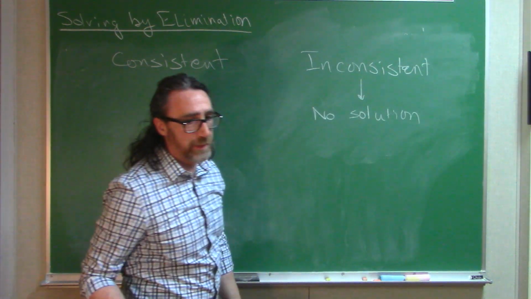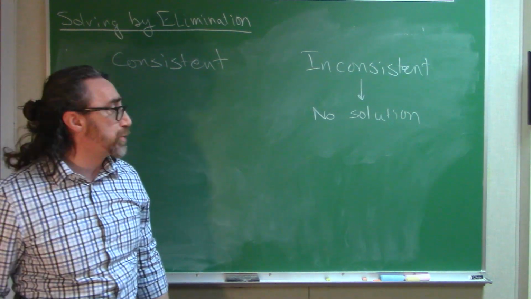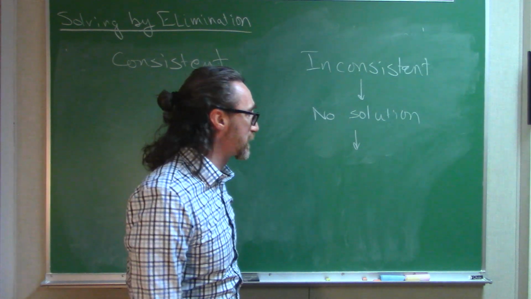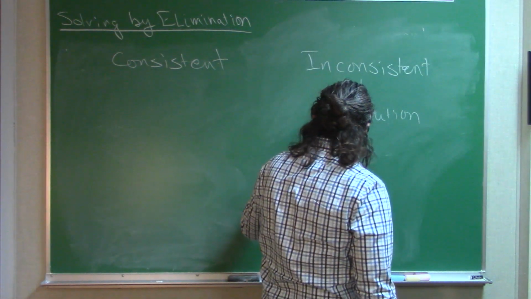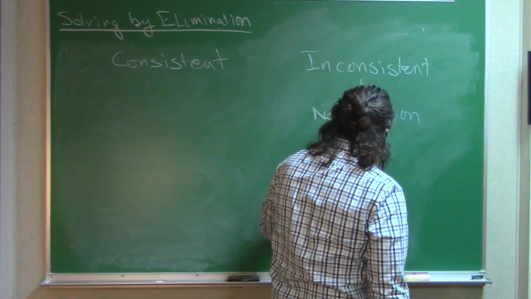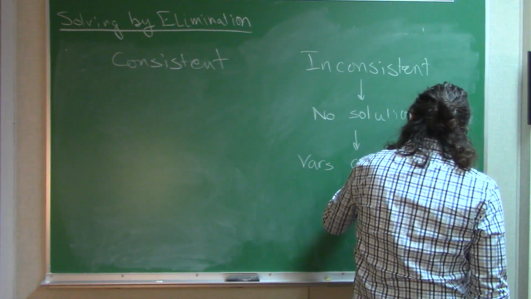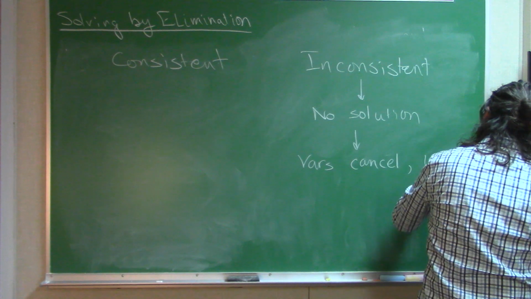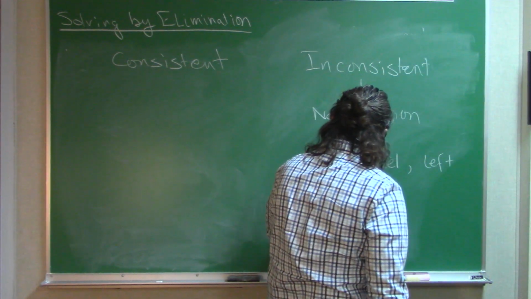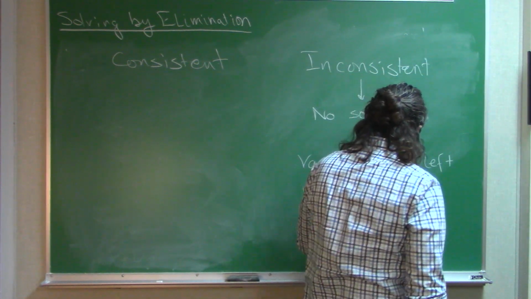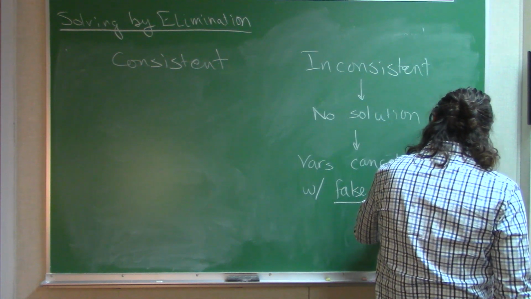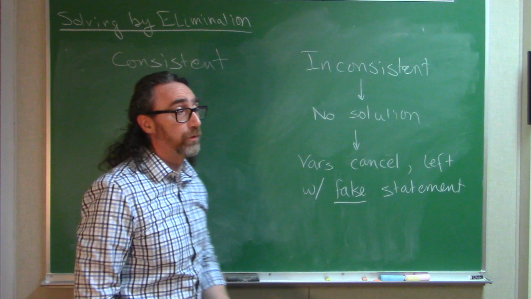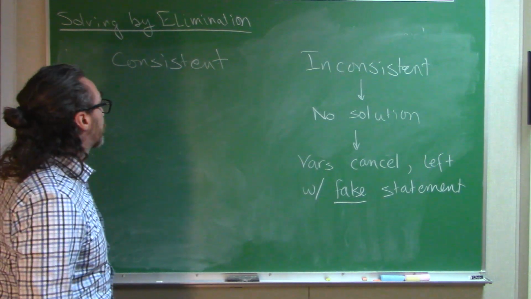Now, if our system is inconsistent, it has no solution. We can recognize that we have an inconsistent system algebraically by all the variables cancel, and we are left with a false statement. Okay, all the variables cancel, and we are left with a false statement.